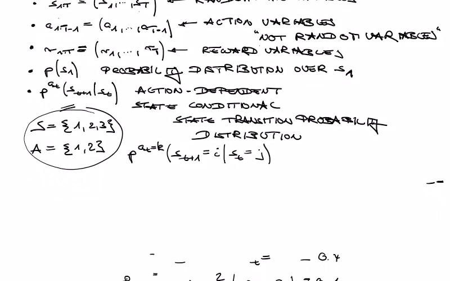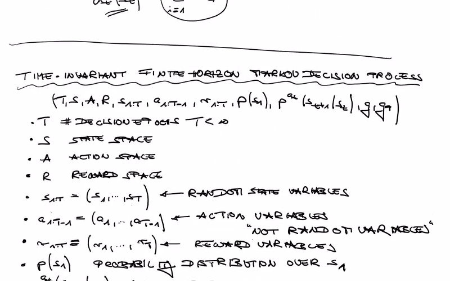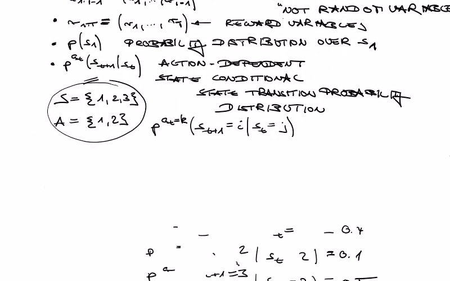So we have now specified this, and then we also have, like previously, a reward function, which as previously takes states and actions and maps them onto rewards.